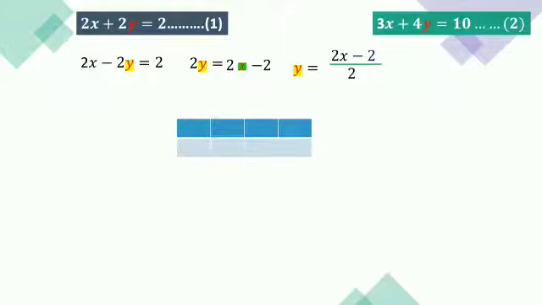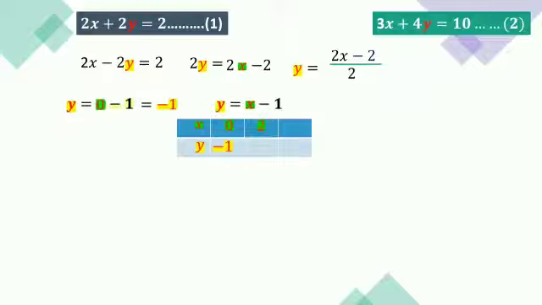Let us have a table of values for x and y. We all know that for each value of x, we will have a value of y. Let us take simple small integers so that we can get nice values for y. When x is equal to 0, y is equal to minus 1. Take the points so that it becomes easier to plot on the graph.